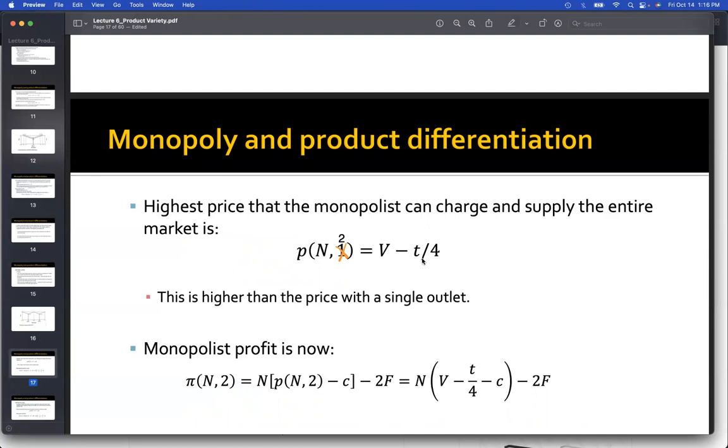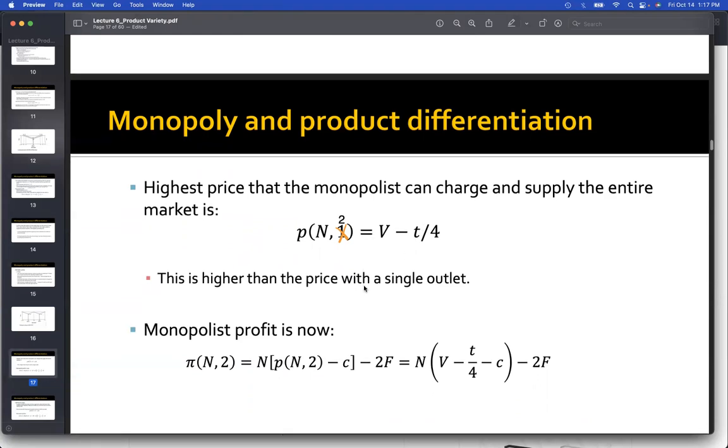And you'll find that, given the size of T, the more stores you have, the higher the price you're able to sell. That's because consumers don't have to travel that far. They don't have to pay this utility cost, and therefore you can raise your price and make more money from selling.